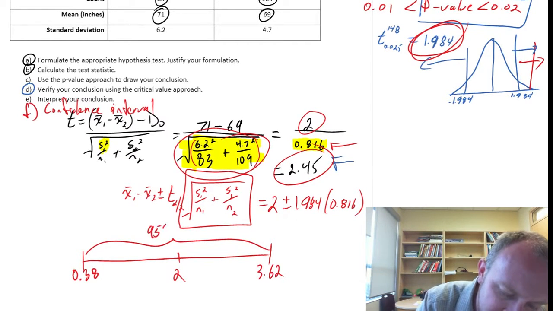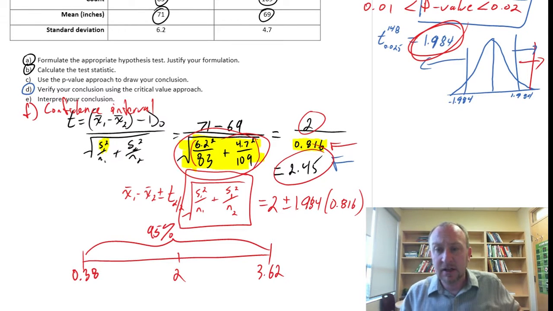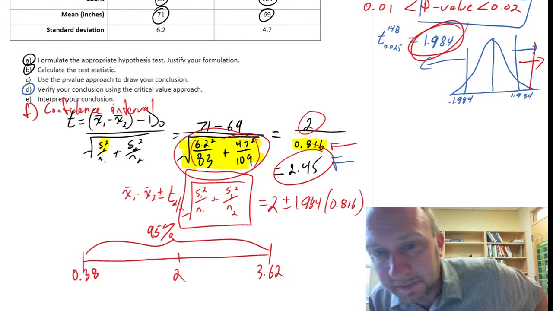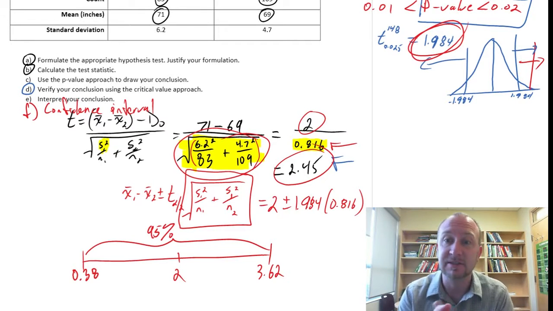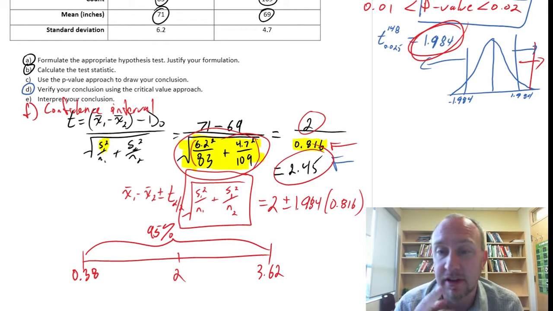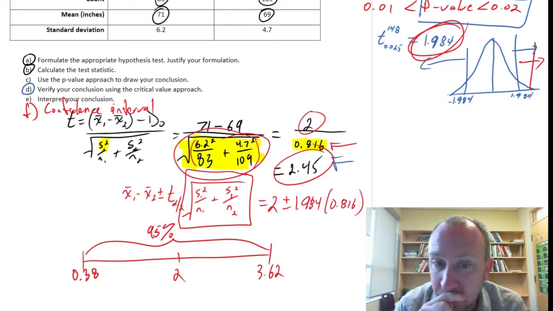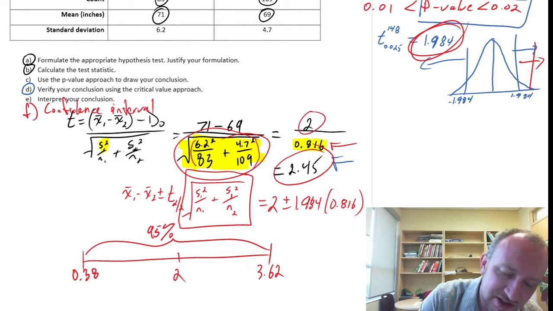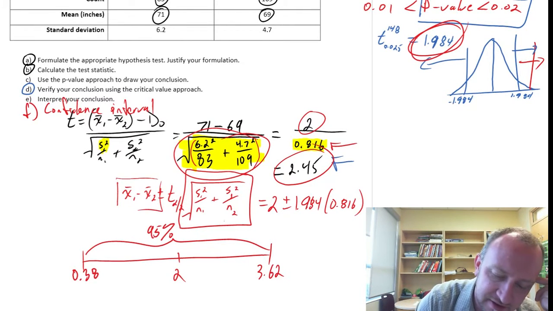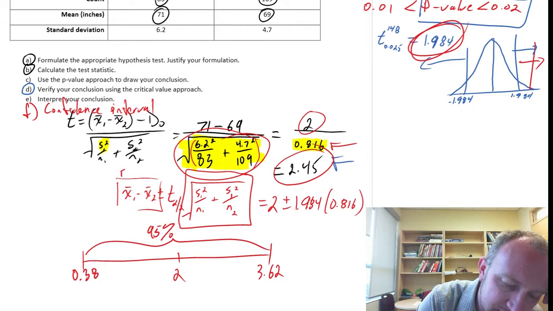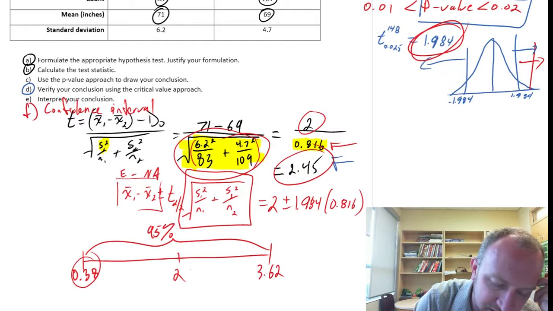That's a 95% interval estimate. So I'm 95% confident that the true population difference, or the difference in the population means, is between 0.38 and 3.62 inches. Now, we can actually take this a step further because I know how this is calculated. This is European minus North America, and I have all positive values here.